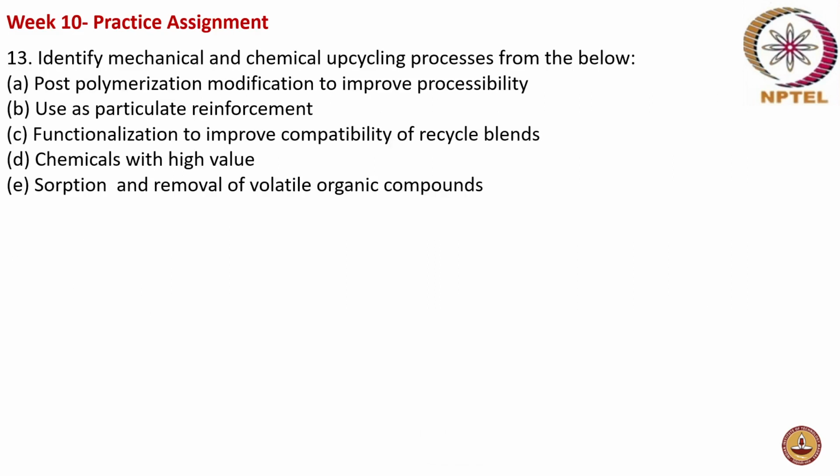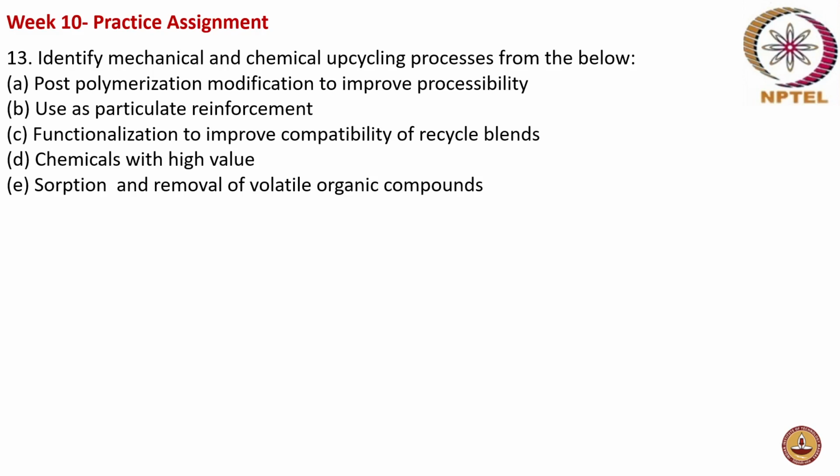Next question. Identify the mechanical and chemical upcycling process from the below. So there are certain processes given below. We have to identify which of the processes corresponds to mechanical upcycling and which corresponds to chemical upcycling. Post polymerization modification to improve processability. Next is use as a particulate reinforcement.